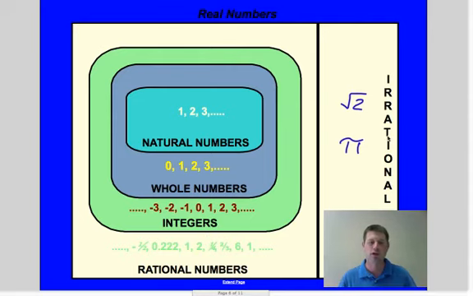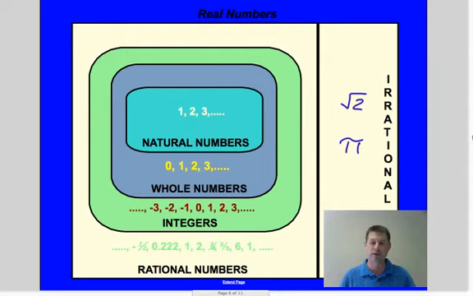What you're going to notice though is that if you're on the outside, it does not mean you're on the inside. So if you're a rational number, it does not mean you're an integer, a whole number, or a natural number. For example, 0.222, is that an integer? No, it's not. Is it a whole number? Definitely not. So therefore it's not natural.